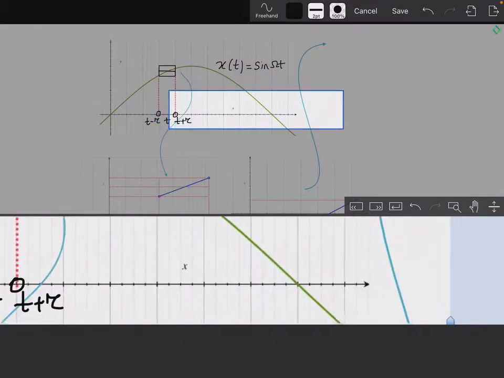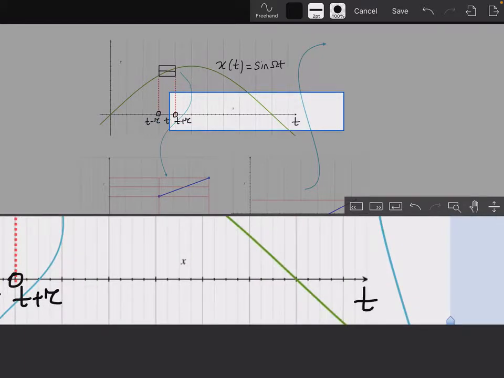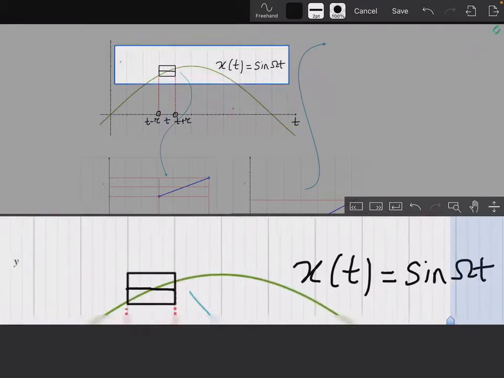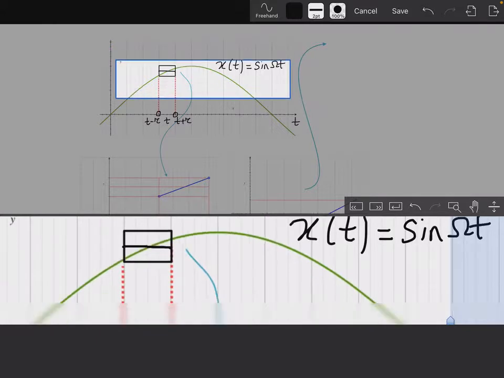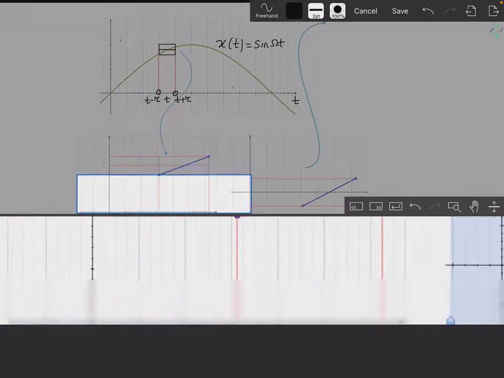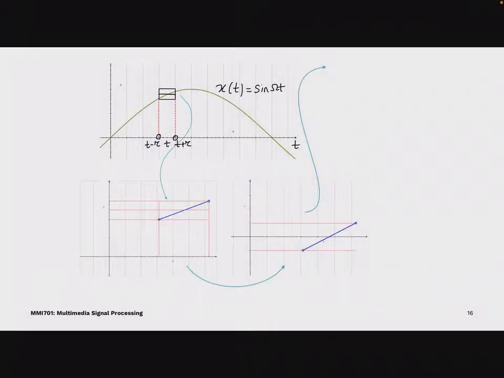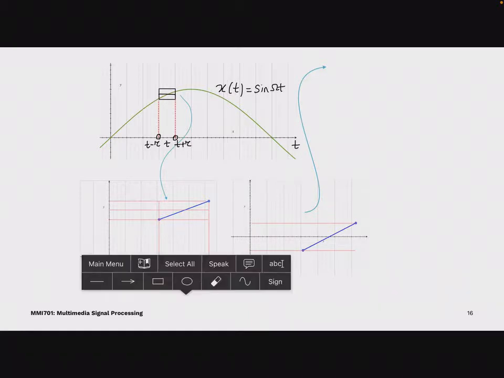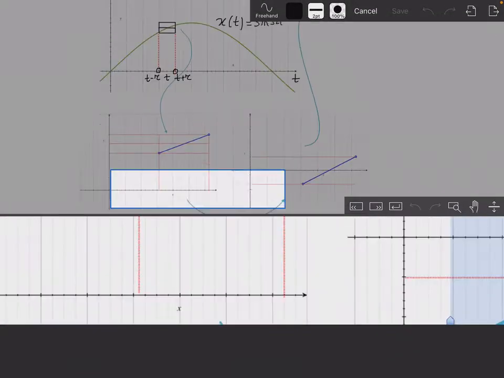So this is continuous time, so this is our time axis, this is our signal, and this is a slightly larger version of the same portion of our signal. We are assuming that our signal changes linearly from t minus tau to t plus tau. So we have these same points here.